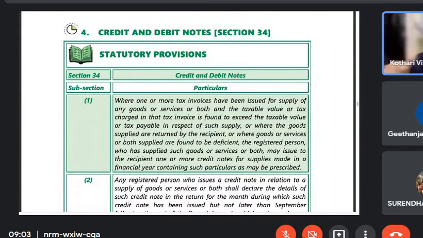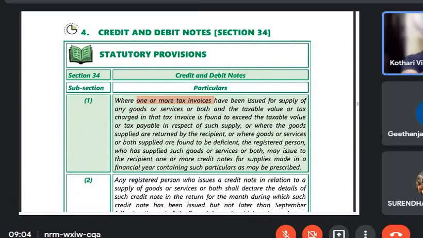So when are the situations when debit note and credit note has to be issued? That is mentioned in section 34, where one or more tax invoices have been issued for the supply. So debit note or credit note can be issued only when there is already an existing supply, not for a new supply.